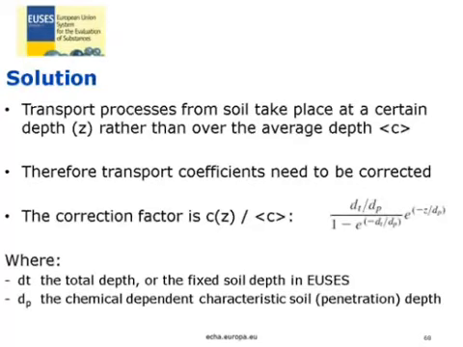It can be calculated from the equation displayed. And in this equation, dt is the total depth, or the fixed depth in EUSES, and dp is the chemical dependent characteristic soil penetration depth. So this is really a chemical dependent parameter. It can be calculated, but I didn't show the calculation right here because it's quite elaborate.